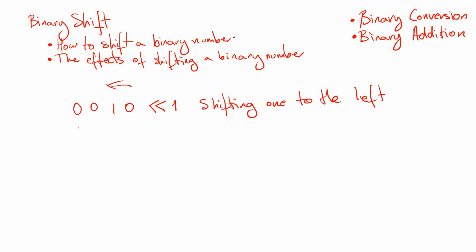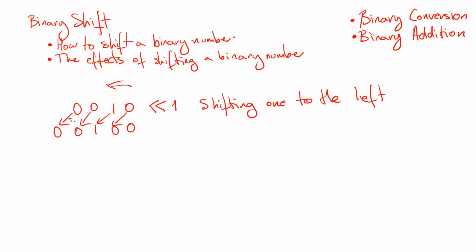So we can put a 0 still here, we would put the 1, because the 1 would shift once this way, and that 0 would be shifted there. This 0 would be shifted to another position here, and then you would put an extra 0 at the end, like this. The point here is that we shifted all of these numbers one column to the left. So number 2 became number 4.